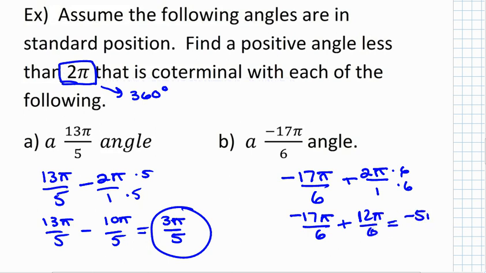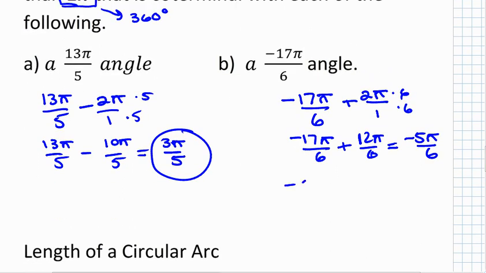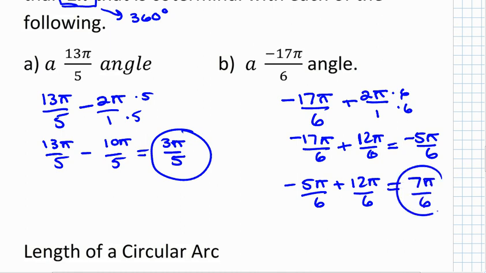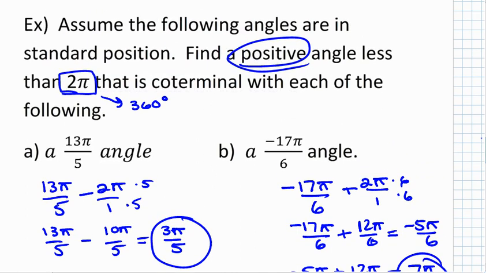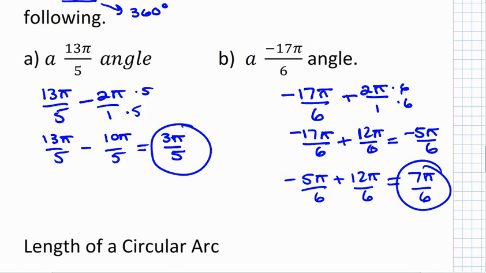We still get a negative 5 pi over 6, and remember it wants it to be positive. So we're going to add another 2 pi until we get a positive answer, which means it's 7 pi over 6. And that is coterminal to negative 17 pi over 6, and it's positive.